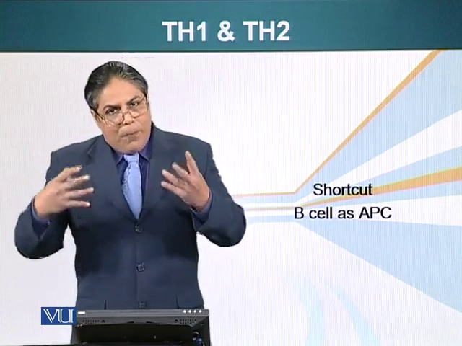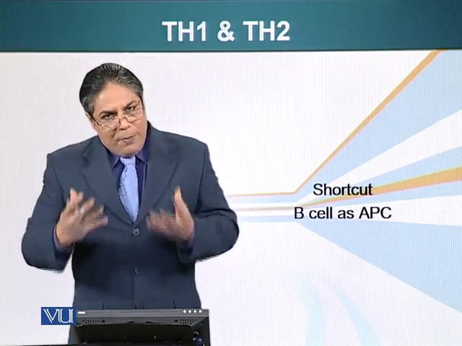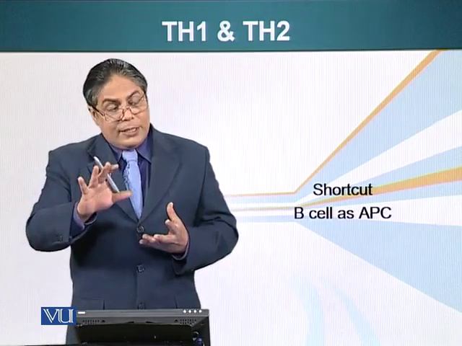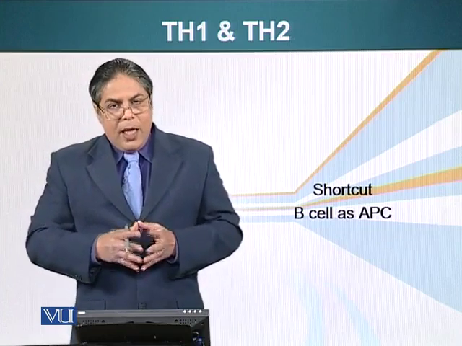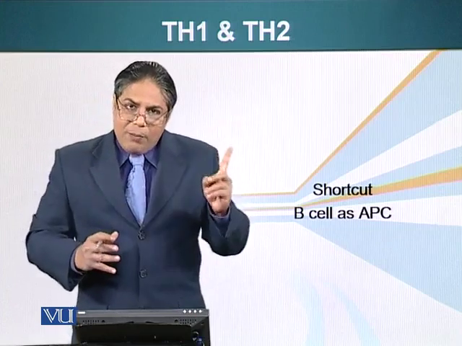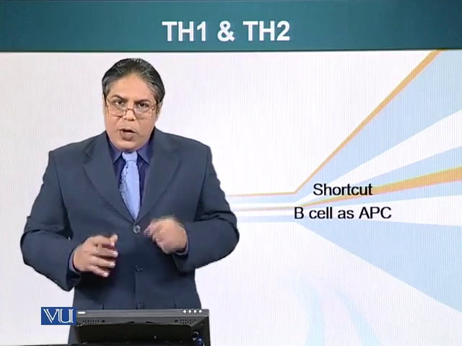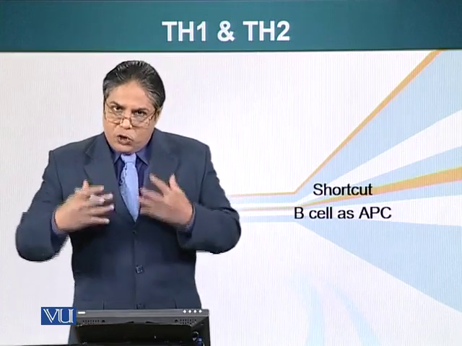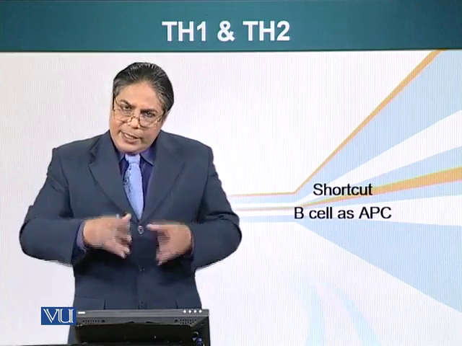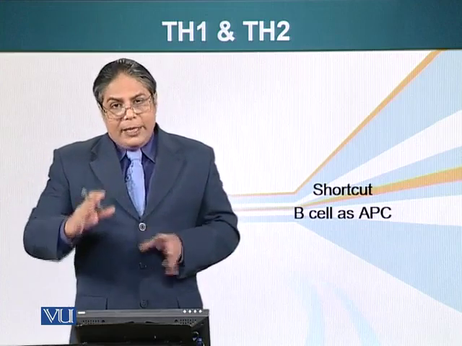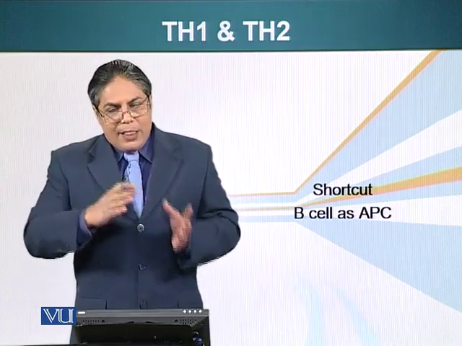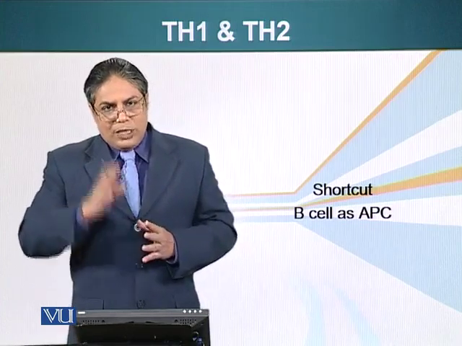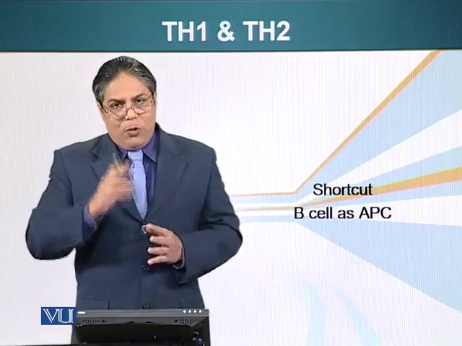Now, if we have an abundance of these memory B cells that can recognize Salmonella, which was the pathogen in this example, we have, number one, a higher number of B cells. Number two, these B cells will use a shortcut. They will bind the Salmonella pathogen and act as antigen-presenting cells. So it is a shortcut, and that is why the secondary immune response is much more rapid and much more robust.